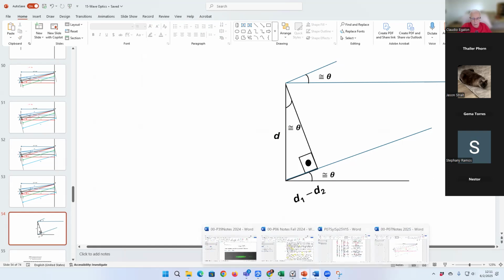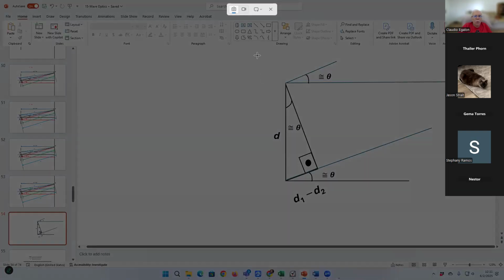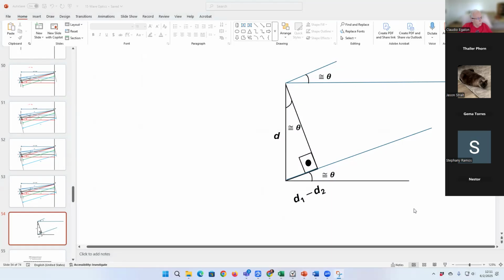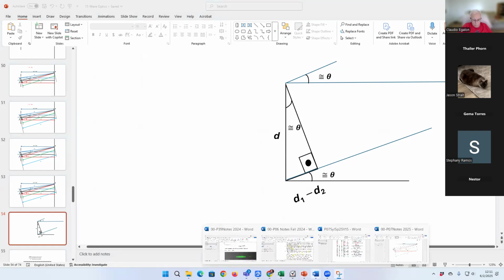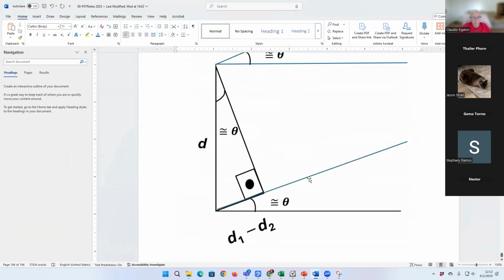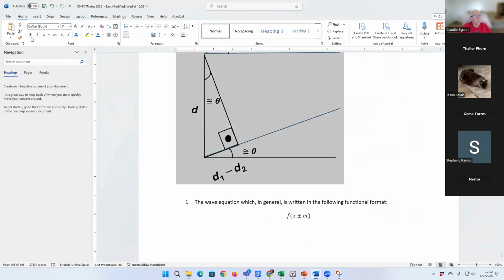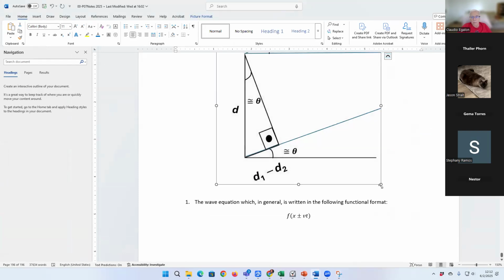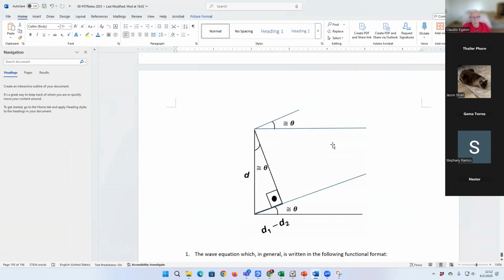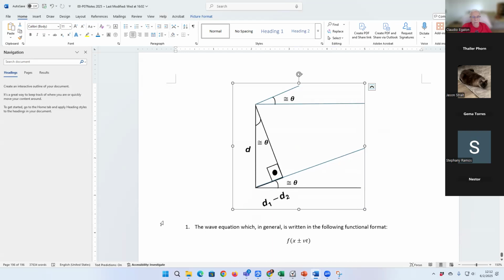Now I'm going to copy this one as well. D1 minus D2.